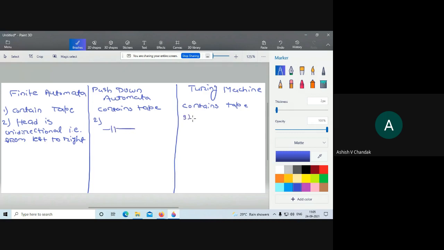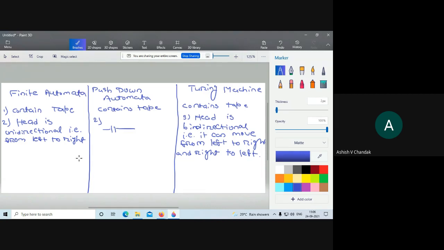And here in Turing machine, the head is bidirectional, that is it can move from left to right and right to left.